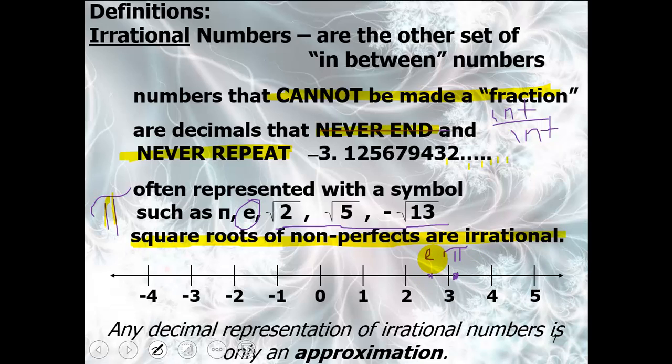The square root of 2 is 1.41. The square root of 5 is 2.2.